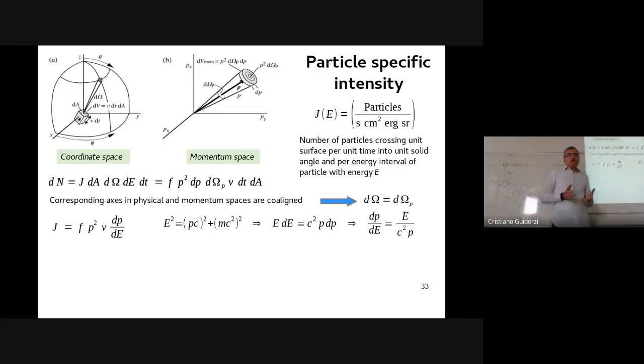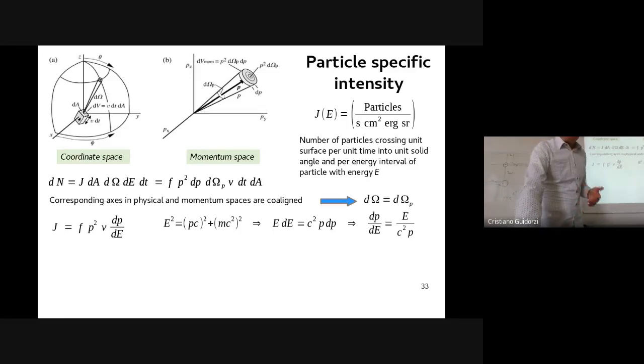If you calculate the differential of both terms, you end up with an easy expression: E dE equals c squared p dp. So this allows you to get immediately dp over dE, that is, how momentum changes as a function of energy of a given particle.